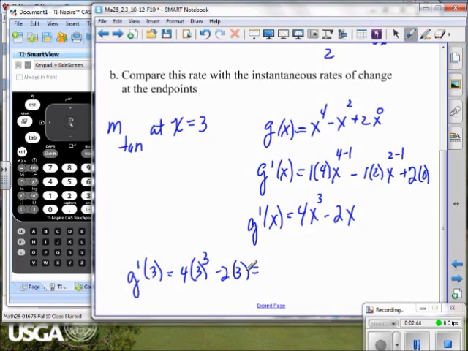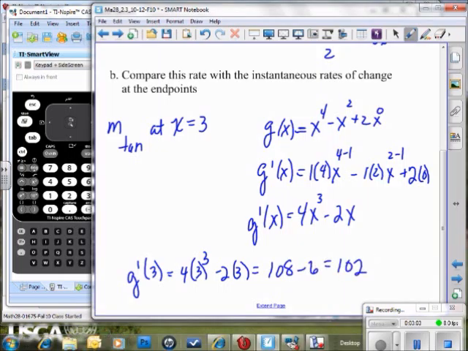Help me out here today. 4 times 7 is 28. I don't know. 4 times 27 is 108. Thank you. Okay. Minus 6 is 102. Wow. That's a lot more than 36, isn't it?